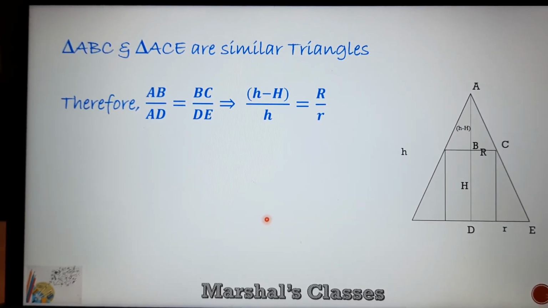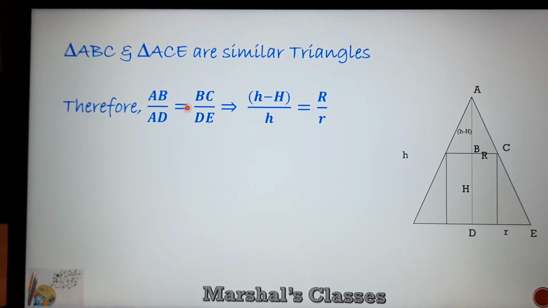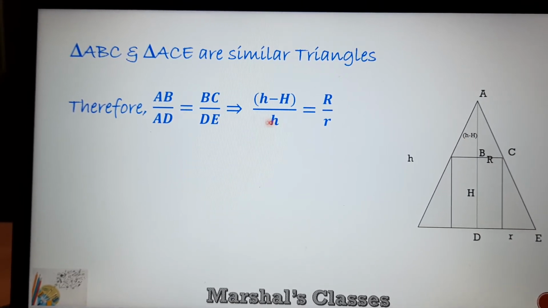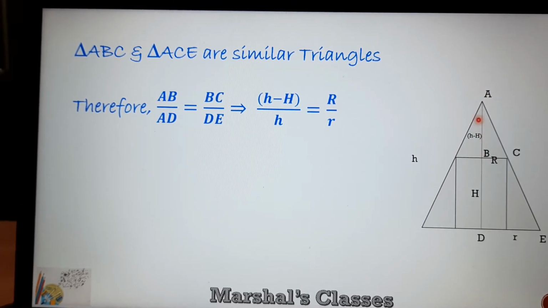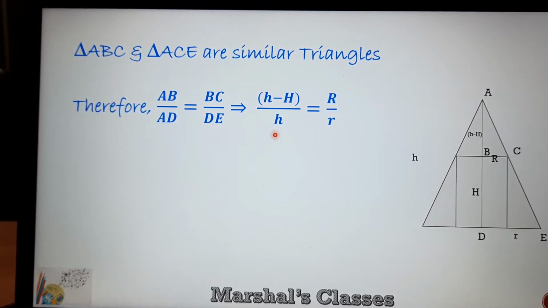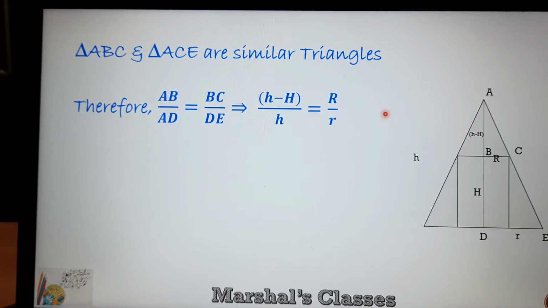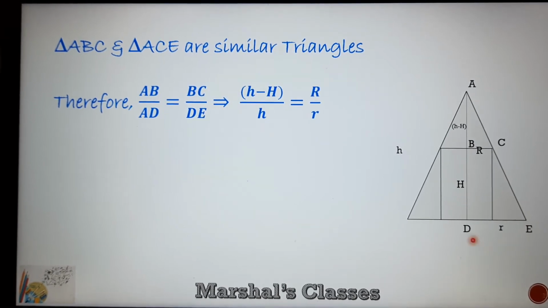By property of similar triangles, AB by AD is equal to BC by DE. On substituting the values, AB is nothing but h minus H, divided by AD, this full length is h here, is equal to BC, which is capital R, and DE is small r.